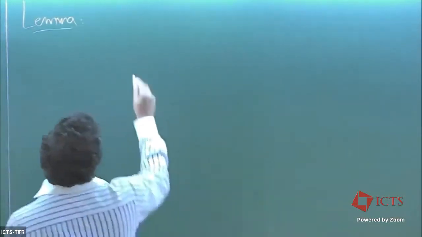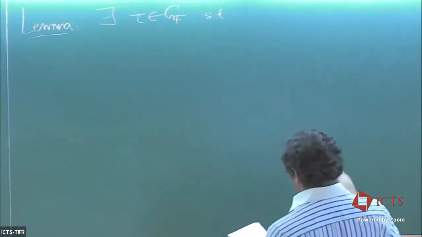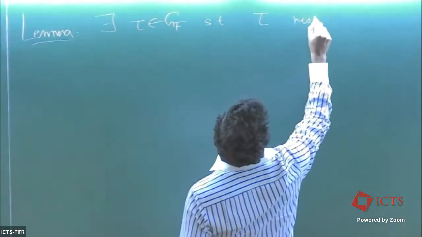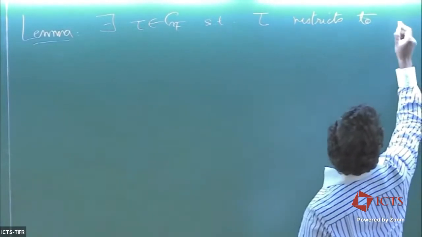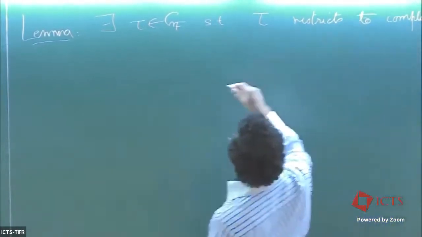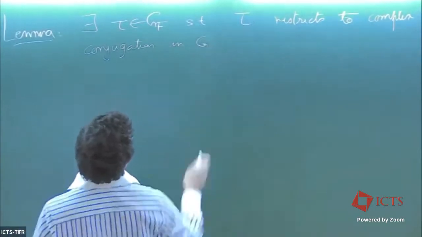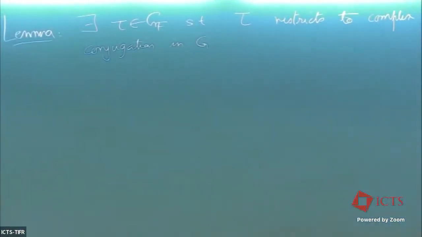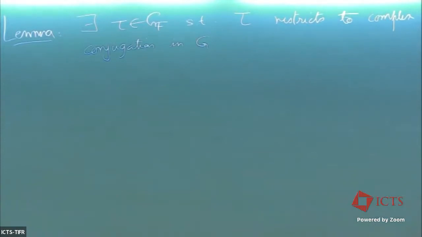There exists tau in G_F such that tau restricts to complex conjugation in G. When you restrict this automorphism of F bar to H, remember we have this field extension H over F with Galois group G, you get complex conjugation there, because H is a CM field, so complex conjugation is well defined.